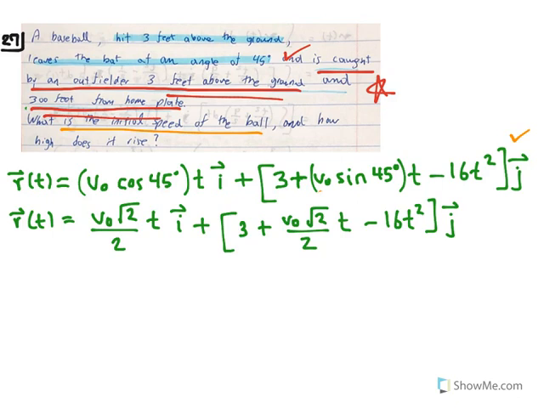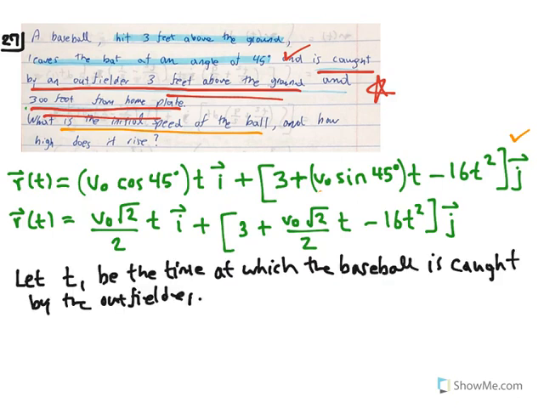We don't know. So that has to be represented with a variable, and I will do it as follows. We will let the unknown time be represented by t sub 1. Let that be the time at which the baseball is caught by the outfielder. Since we do know where the baseball is caught, we may write the following. The position of the baseball at the time it is caught by the outfielder: caught 3 feet above the ground and 300 feet from home plate.